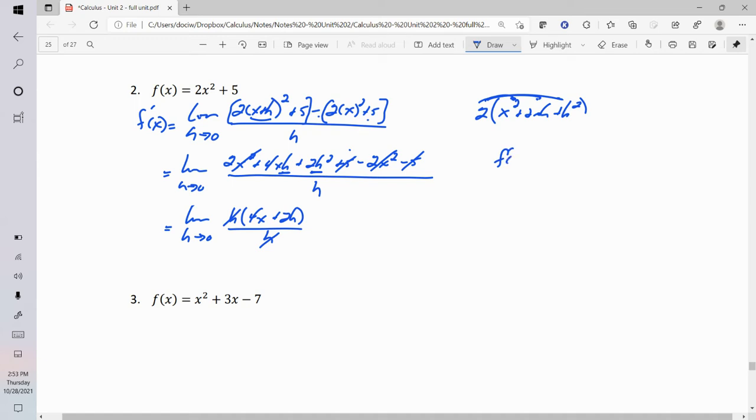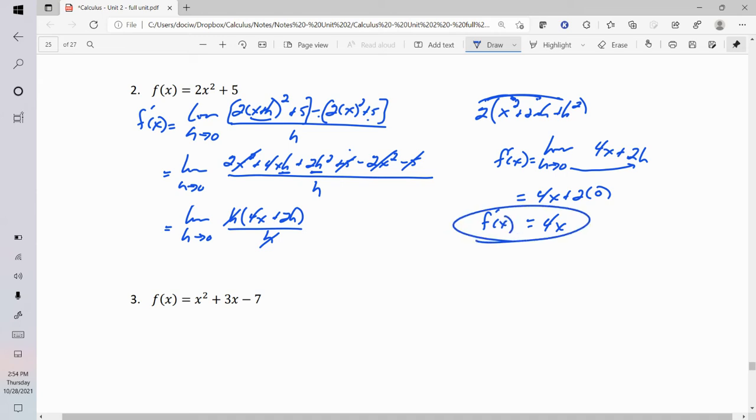Now what we know is that the derivative is equal to the limit as h approaches 0 of 4x plus 2h. Then I'm going to take the 0 and plug it in for the h. And so we get 4x plus 2 times 0, which is simply 4x. So the derivative of the function 2x squared plus 5 is f prime of x equals 4x.